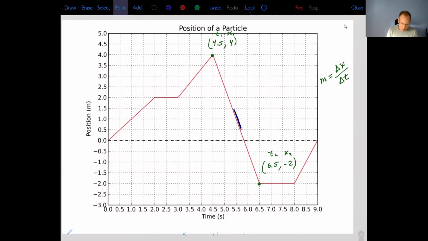You could eyeball this, or you could calculate all these slopes, but the steepest slope is again from 4.5 to 6.5 seconds. In fact, the speed will be 3, because it's absolute value. The velocity is negative 3, but the speed is 3. That's the greatest speed over any of these time intervals. Here it looks pretty steep too, but this turns out to be just 2. So 4.5 to 6.5 would be the answer.